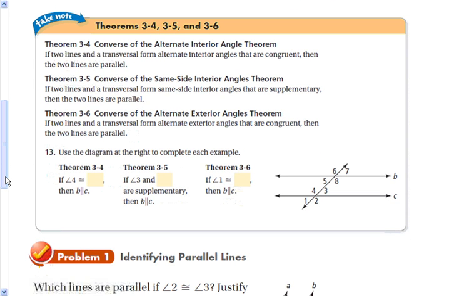Okay, some more converse theorems. The converse of the alternate interior angle theorem, the converse of the same side interior angles theorem, the converse of the alternate exterior angles theorem.